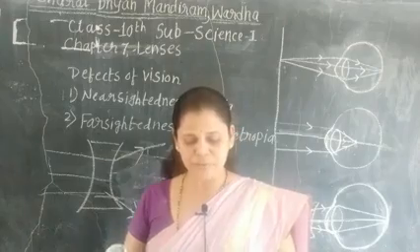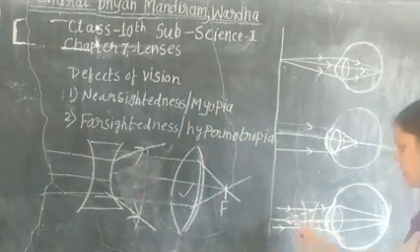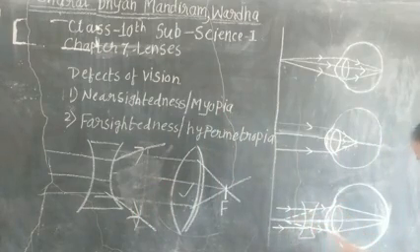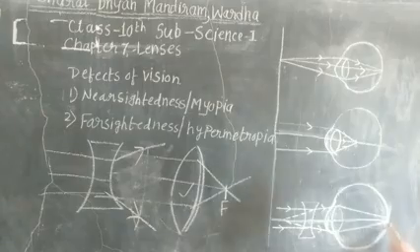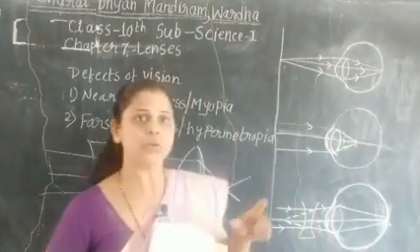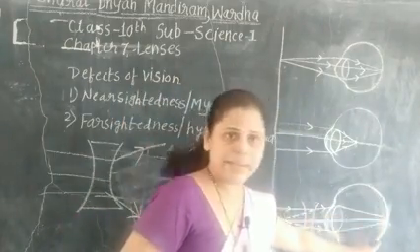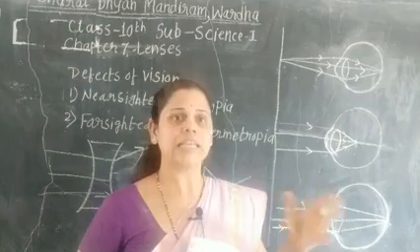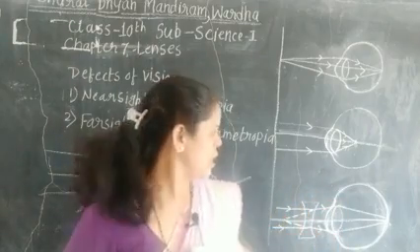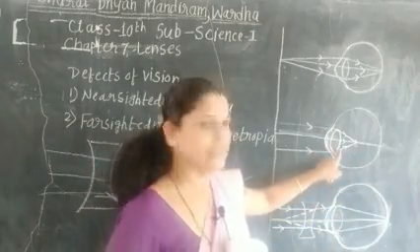This lens diverges the incident light rays, and after using the concave lens the image is formed exactly on the retina. So anyone can see a clear image by using a concave lens in the case of nearsightedness.